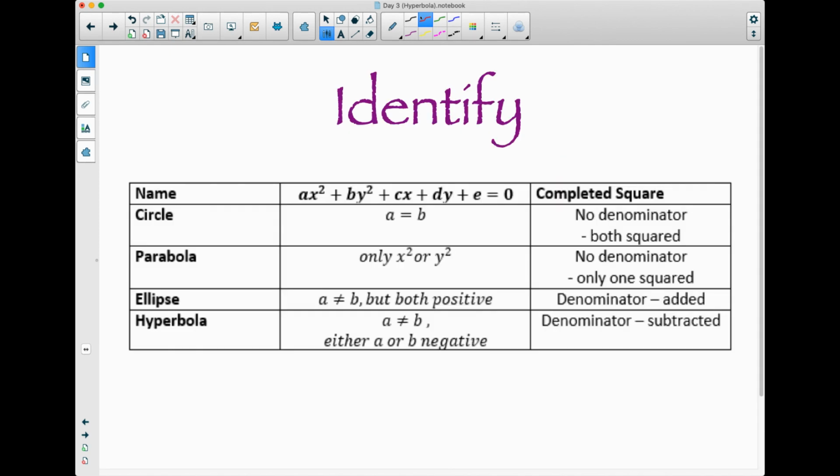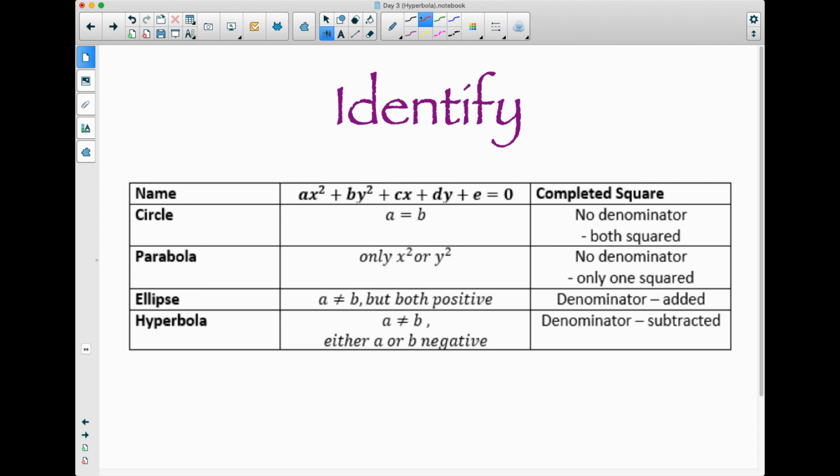All right, so here's what I like to consider a really good baseline to differentiating between the 4 different types. Using this general equation, it's going to be a circle if A and B are the same number. Notice how we didn't put anything with those, so we just assumed and kept them 1. There's no denominator, and both x and y are squared.